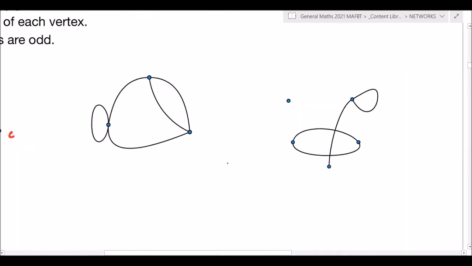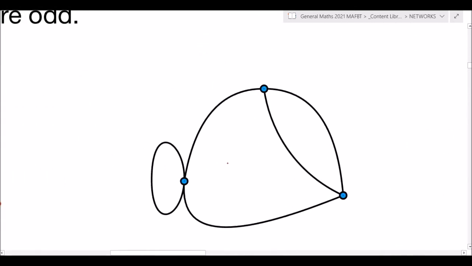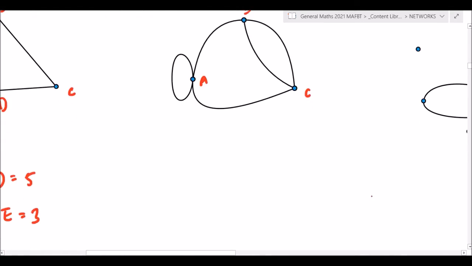Cool. Let's look at the second one. Again, label your vertices so you know what you're working with. So that's A, B, C. The degree for A is equal to 1, 2, 3, 4, because the loop, remember, counts for 2. That's 4.